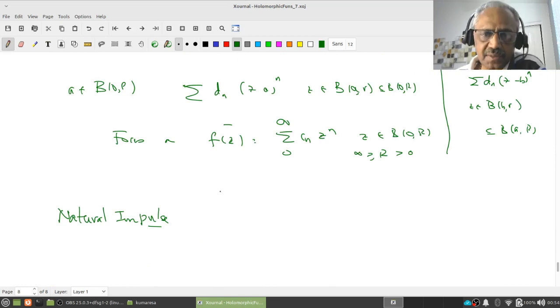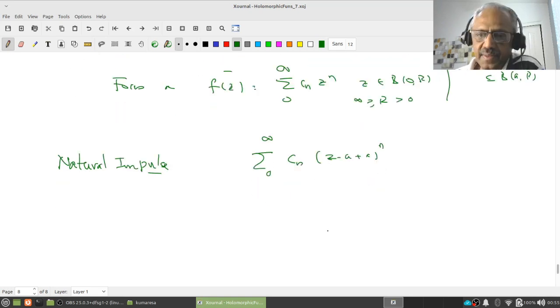powers only. Therefore the natural impulse may be to try to do something like the sum of Cn times z minus a plus a to the power n, n from 0 to infinity, right? Try to manipulate and see whether you can get it.